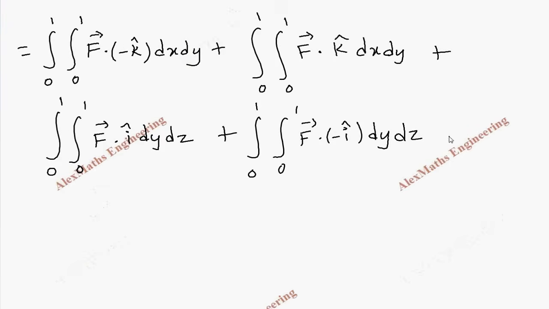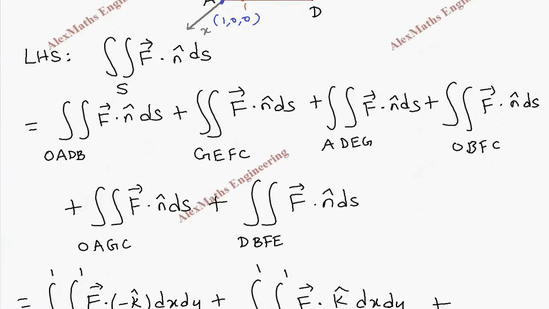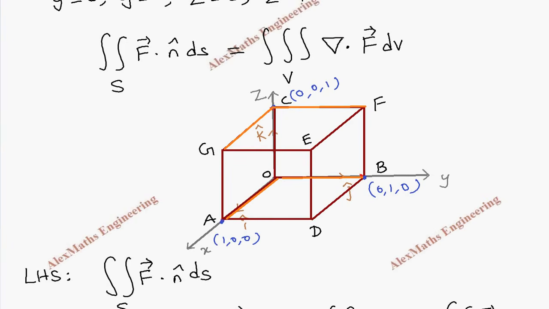So in the same way, another two more surfaces. One is the left side, from 0 to 1, 0 to 1, a double integral of f vector dot, when it goes left side, it will be minus j. Let's see it in the diagram. So this left surface is here, and this n cap goes in the negative j direction, and it is having the dimensions along x and z.